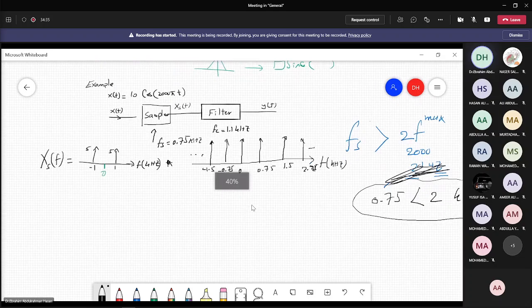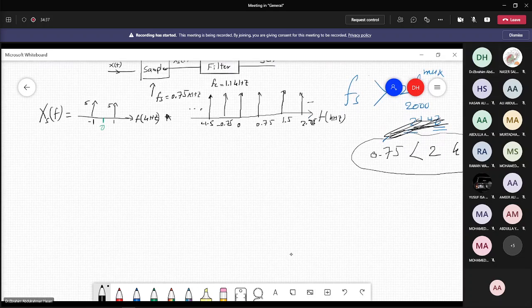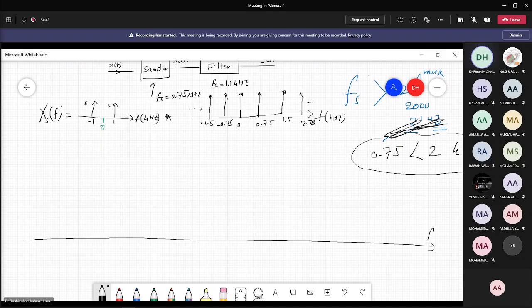And then we see the result here. So this is f in kilohertz. With the 0 convolution, I will get the same thing. So I will get 1 and minus 1.